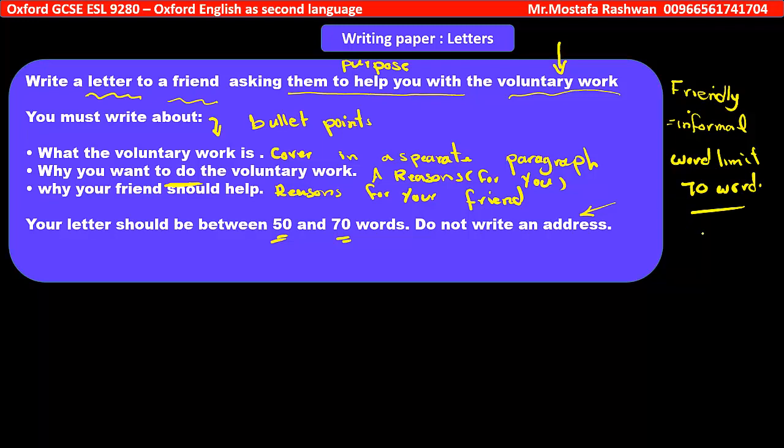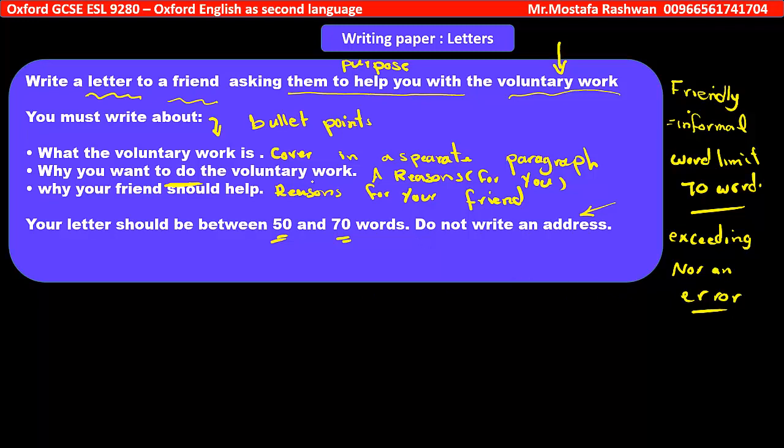What if I exceeded the word limit? Exceeding the word limit is not an error. Okay, not an error, although we recommend you to pursue the word limit given in the exam or suggested by the question.